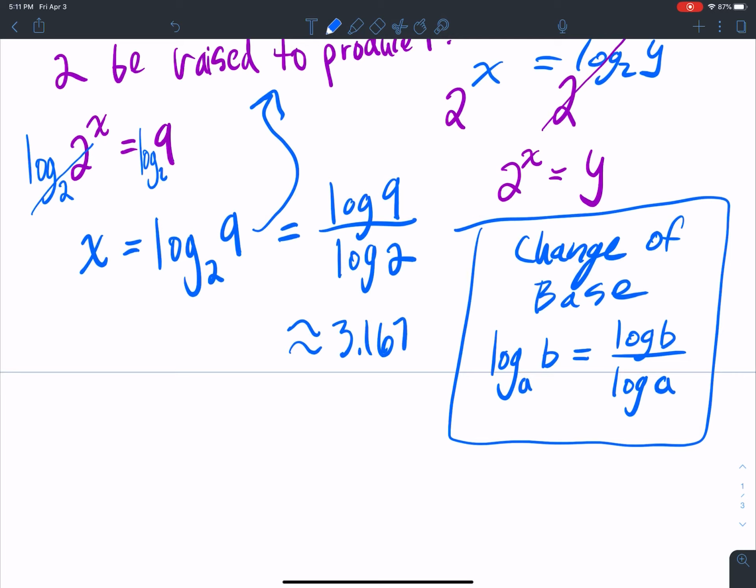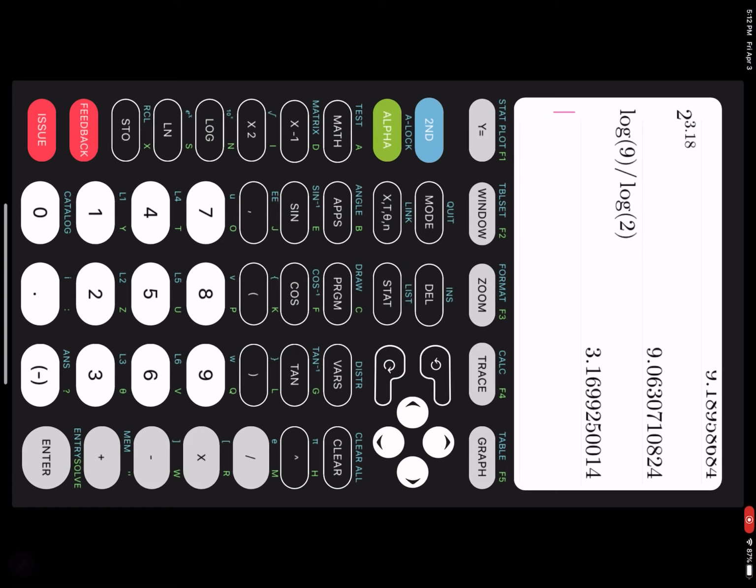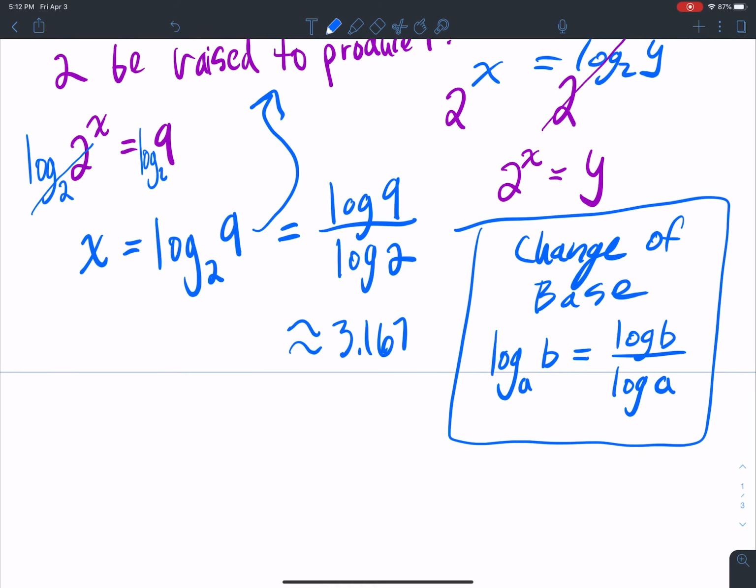All right. So, wait, was that what it was? 3.169. So this ends up being 3.17.